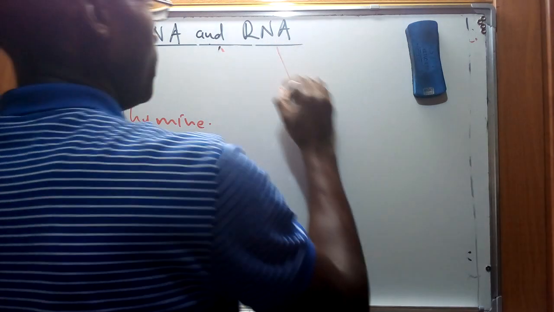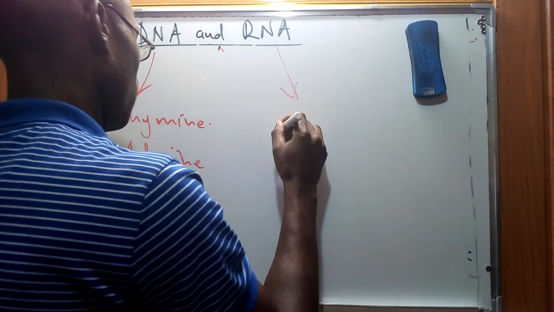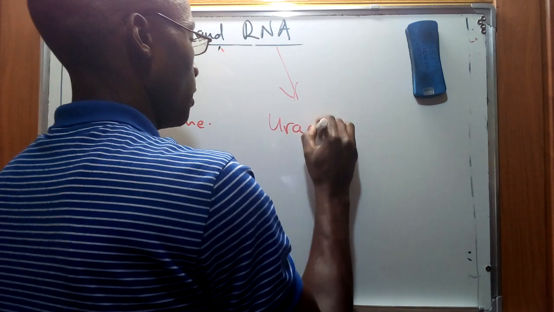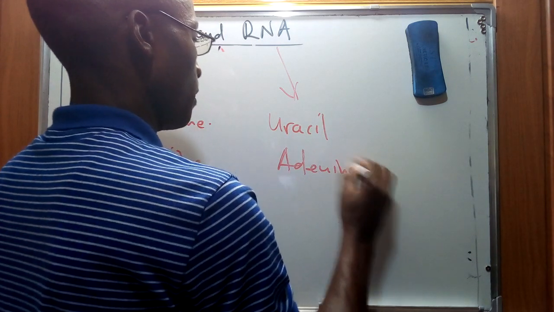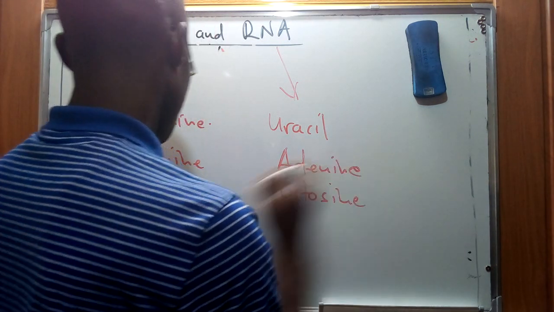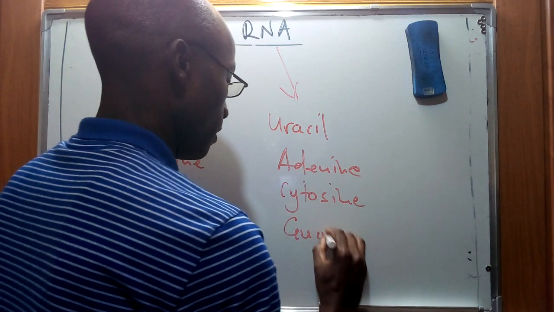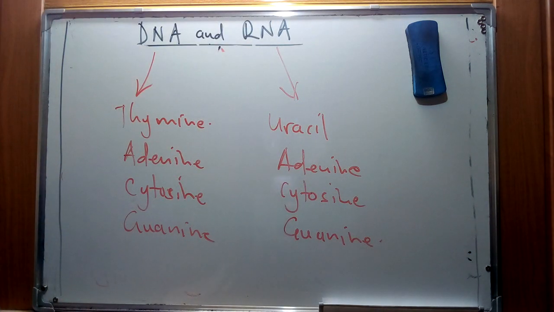Now for RNA, the thymine is going to be replaced by another base which is known as uracil. So we're going to have uracil, and then adenine, and then cytosine, and then guanine.